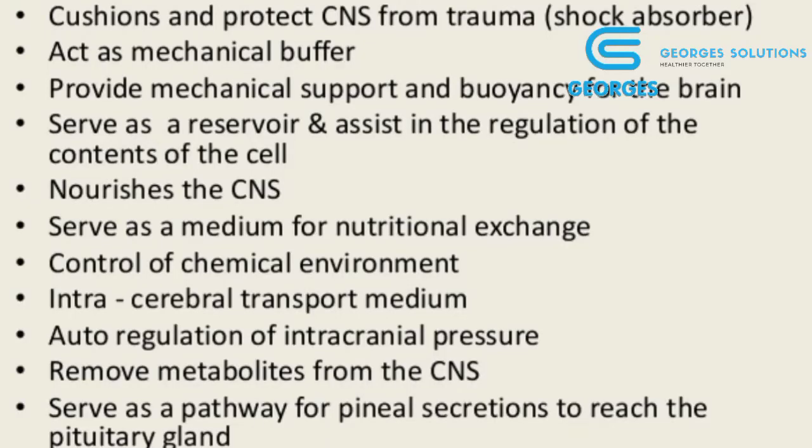So, what are some of the functions of the CSF? The functions of the CSF are to protect, support, and cushion the brain and the spinal cord against any possible injury. The CSF is also used to deliver nutrients from the blood to the central nervous system, and it removes wastes from the CNS.